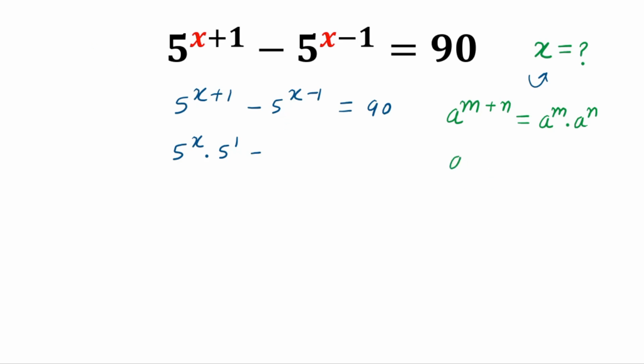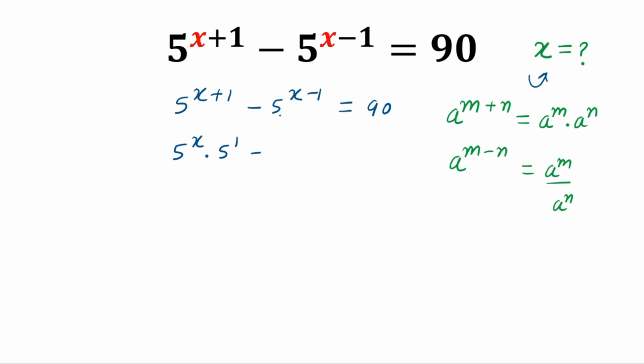this rule, a power m minus n is equal to a power m over a power n. Here the base is a, and m and n are powers, so we can write this expression as a power m over a power n.